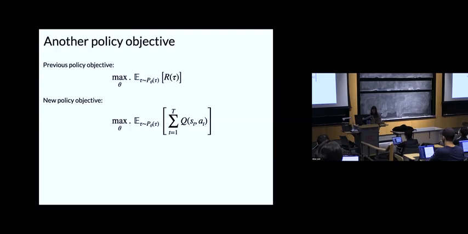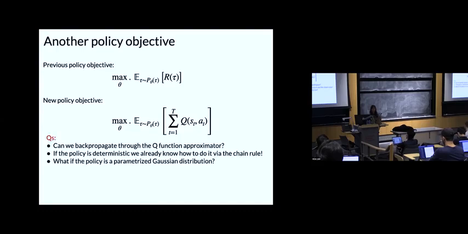Okay, so now here is my next question. So far it is very simple. We just said you have a deterministic policy, you're going to do the chain rule. Now, what we're going to see is that even when your policy is Gaussian, you can still apply the chain rule.